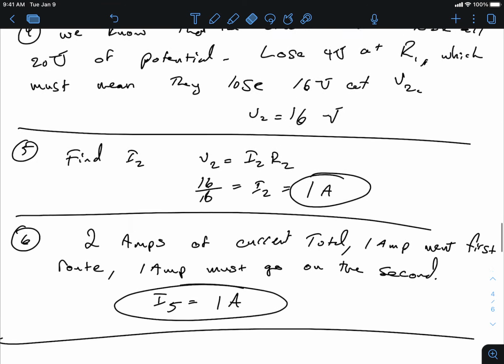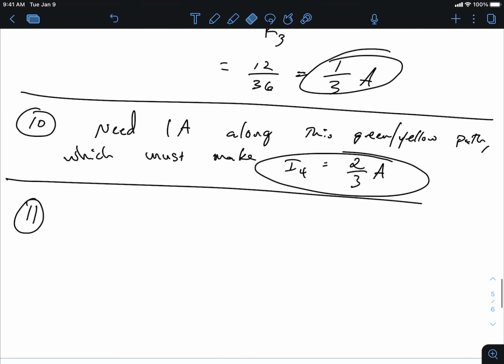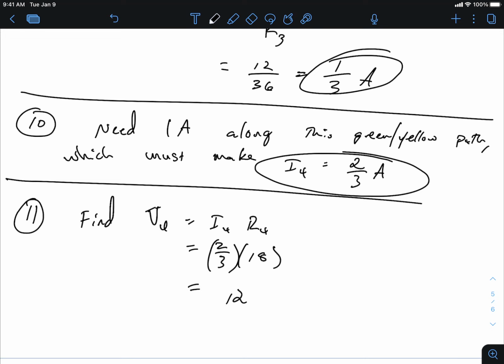So we go down and we say, okay, no problem. Step 11 here is find V4, right, to be equal to I4 R4, and we're going to go 2/3 times 18, which will equal 12 volts, and everything has now been filled in.